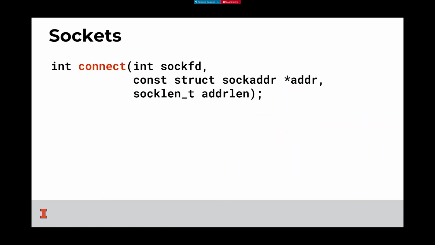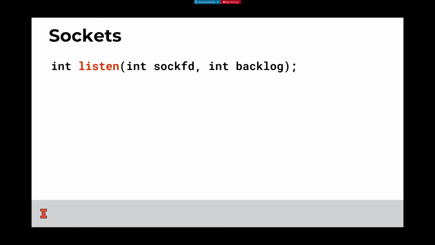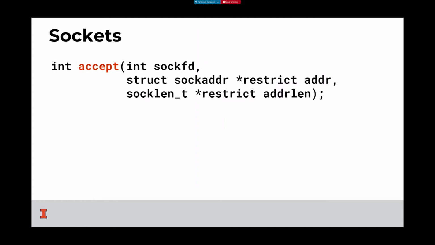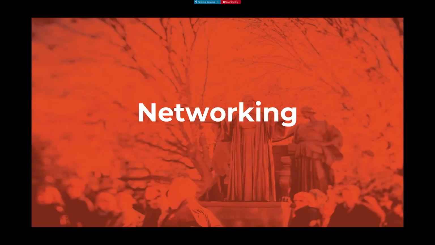If I want to connect to someone else, I call connect. If I want to listen for an incoming connection, I call listen. And once I have the incoming connection, I call accept. These are the five calls you're going to use, and this creates a socket that allows us to begin to do networking.